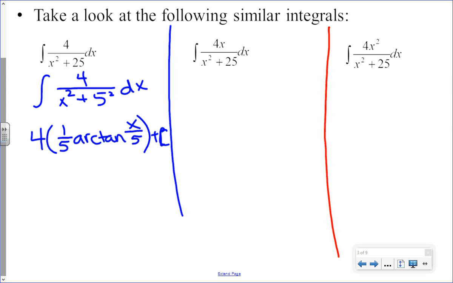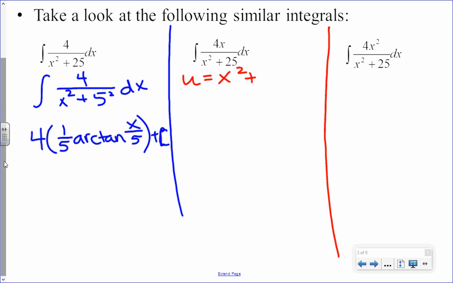What technique that you've done a lot can we use? I can see that the derivative of x squared plus 25 isn't the same, but differs by a scalar multiple. So we can let u be x squared plus 25.